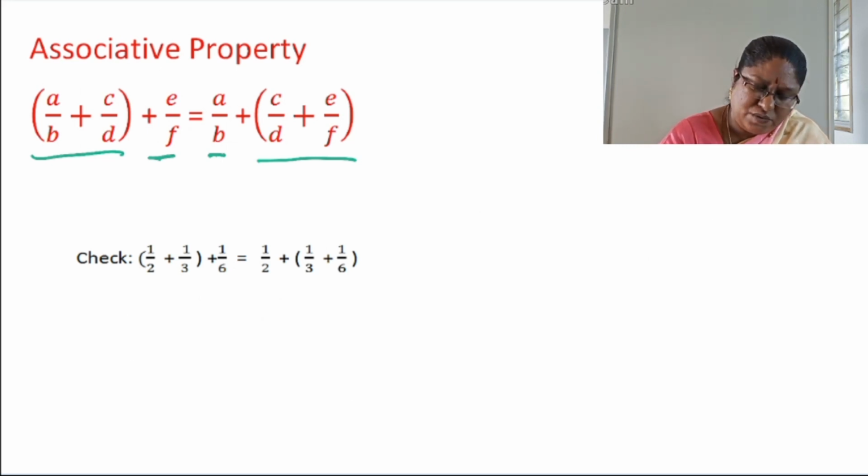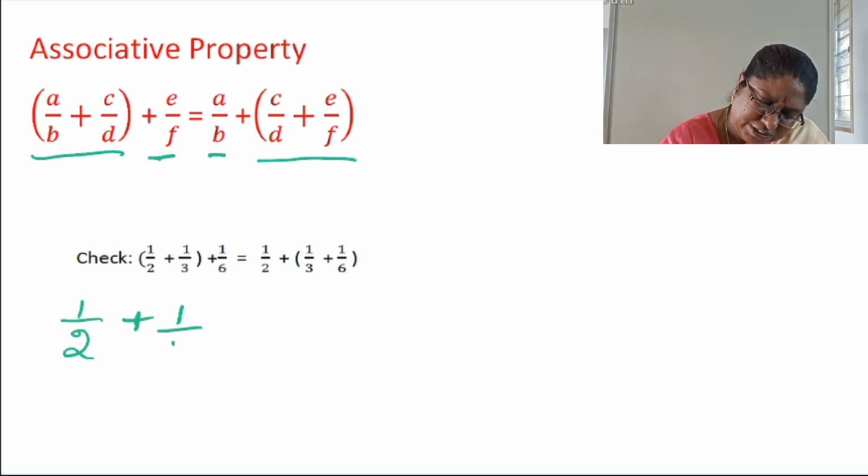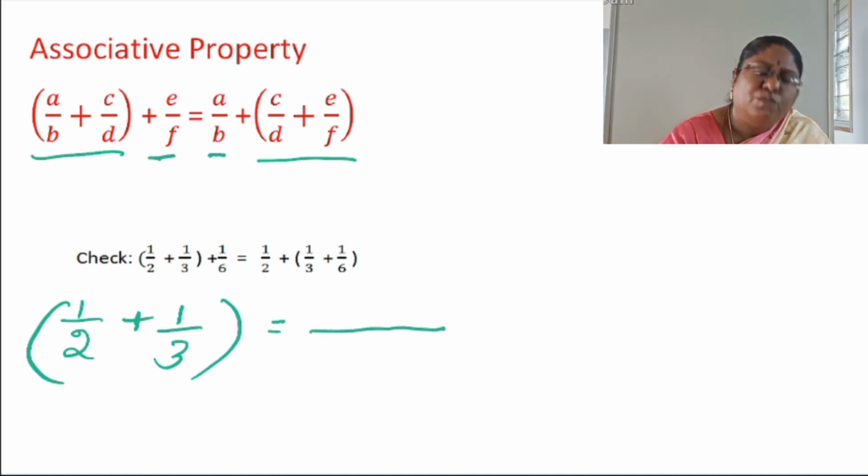How shall we find it now? So start. Here 1 by 2 plus 1 by 3. What's it? Take LCM. Why we should take LCM? Or co-prime also you can take, because both the numbers 2 and 3 are co-prime. You can cross multiply or you can take LCM. So cross multiply, 2 3s are.